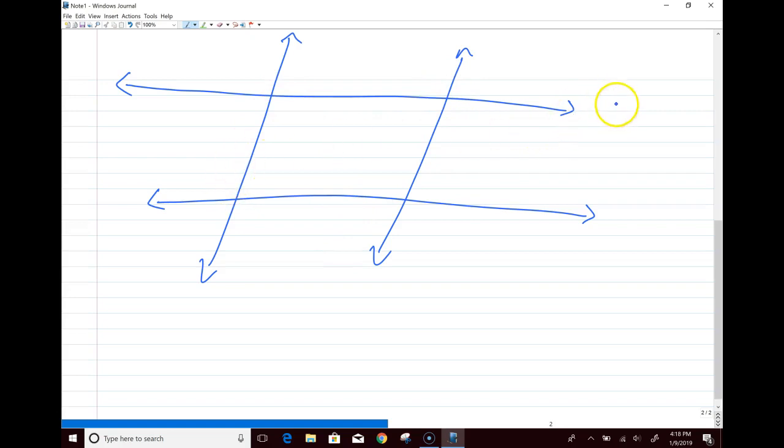So again, these are the parallel lines. And these are the transversal lines. Right? So we have two parallel lines, and now we have two transversal lines, which is no problem. It means the same exact thing. And the same rules apply as long as you follow the line that you're going to be working with.